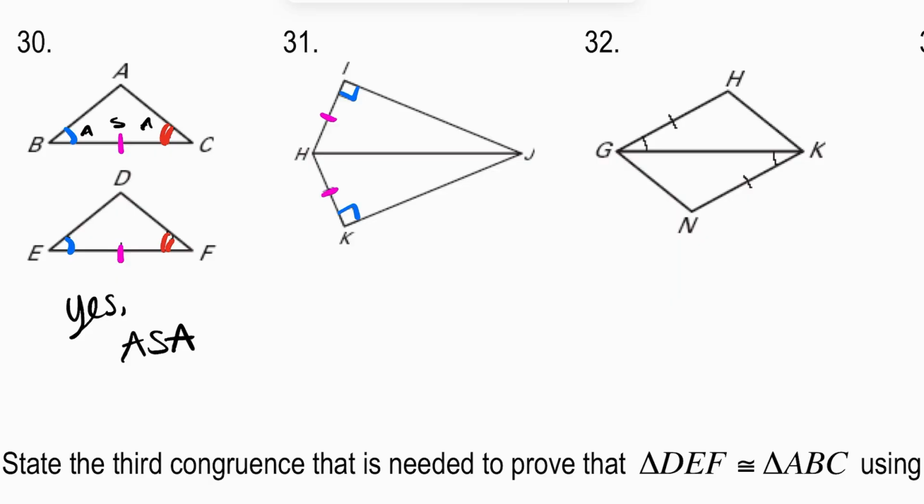We have a congruent side, and we have another congruent side in the middle for reflexive. We wouldn't say we have angle, side, side, but what we do have is the hypotenuse, right? That's what this is. And we have a leg, and we know it's a right triangle, so this would be HL.